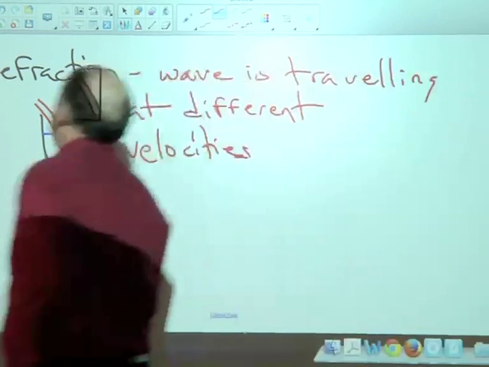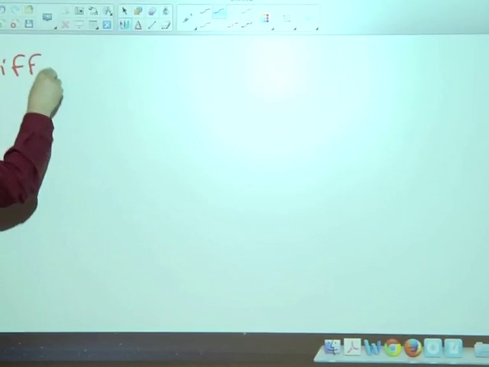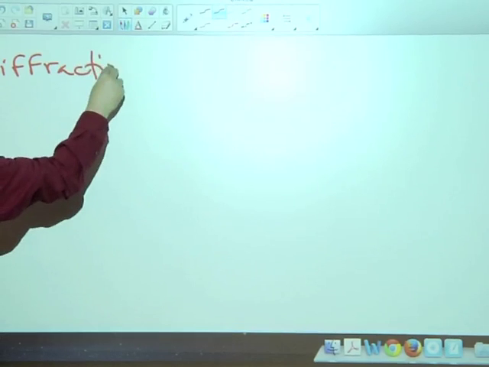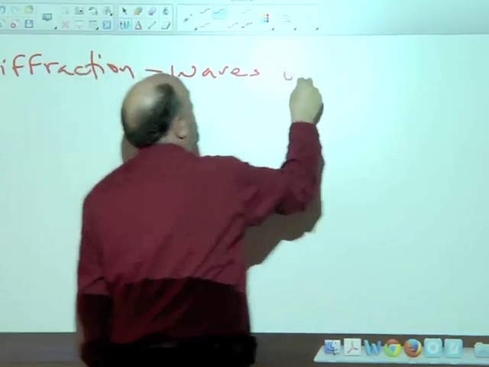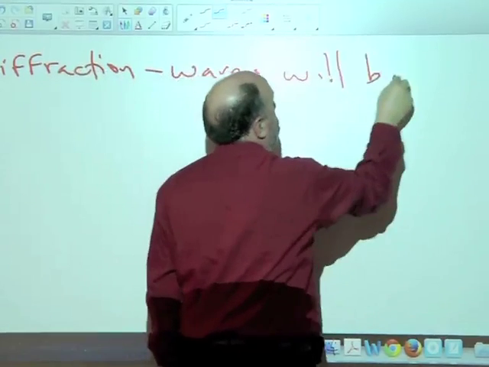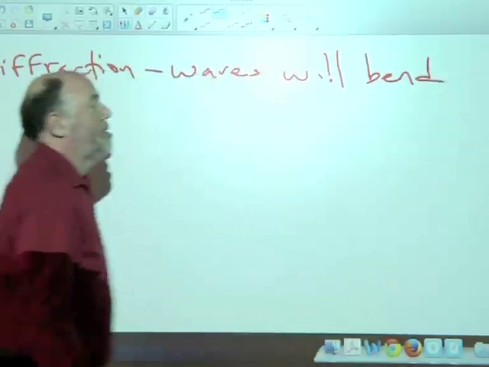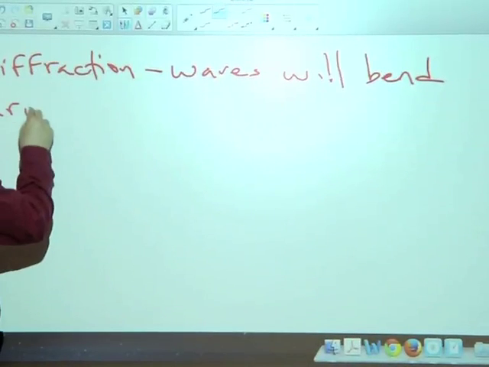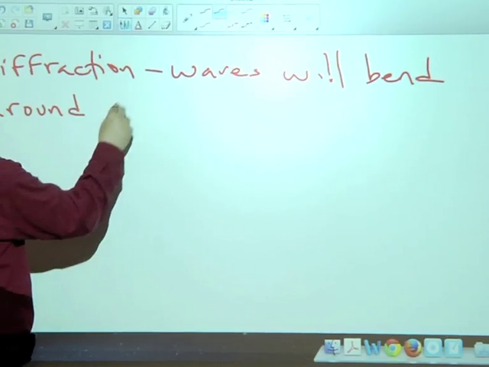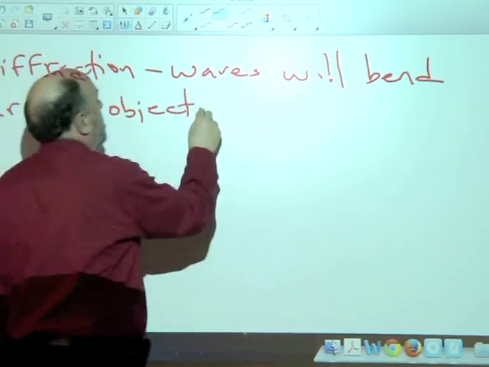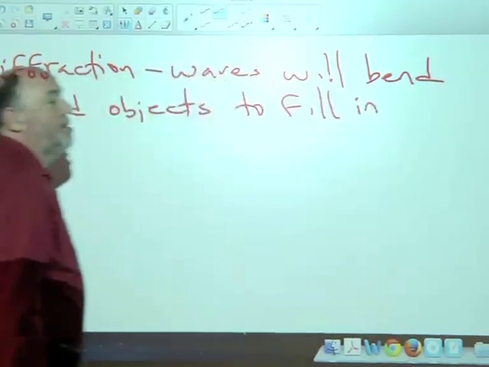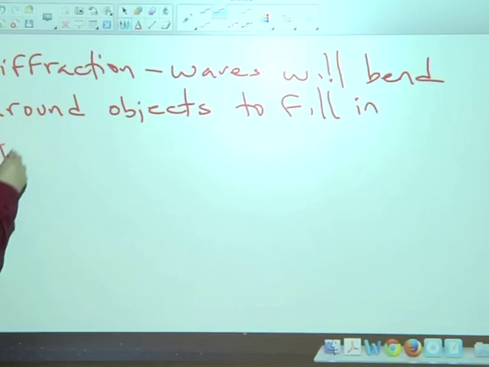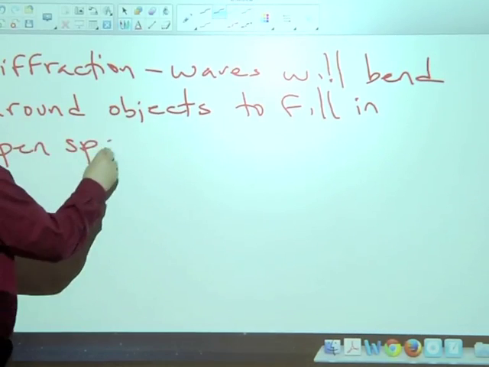Other properties of waves: diffraction. Mainly that waves will bend around objects to fill in open space.